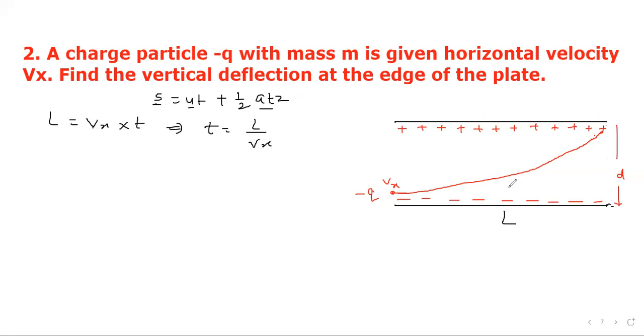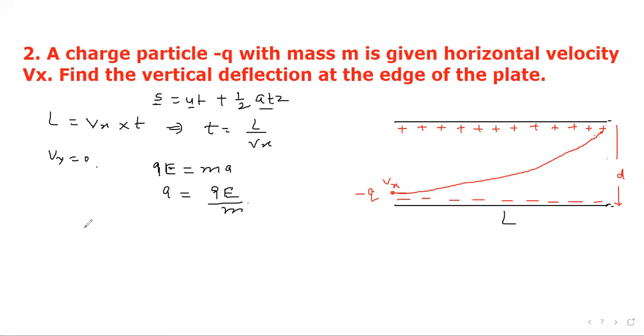Now, along the vertical or y-axis, initial velocity Vy is 0, but Ay is there. So let's see what Ay is. We can apply the formula: force on the charge qE equals mass into acceleration, from where we get a equal to qE upon m.